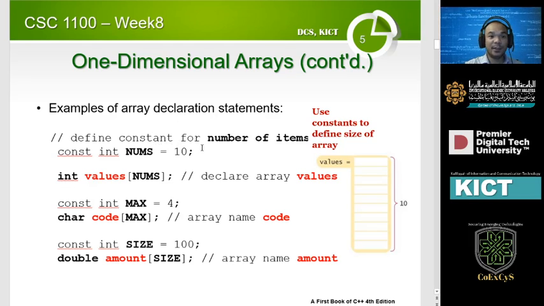So remember I said you have to do the constant first, right? So for the number of values that you want to keep in your arrays, you would have a constant integer num equals 10, but this basically defines a constant array size. And then you would say the data type integer, and you want to keep values, for example, then values num, right? So values is able to keep 10 integers, right?